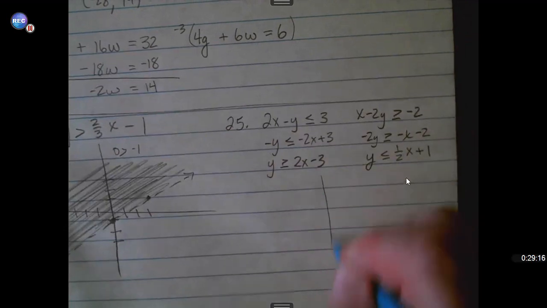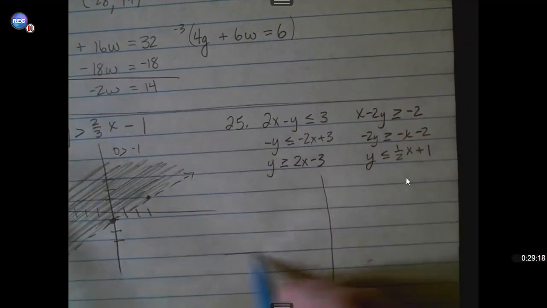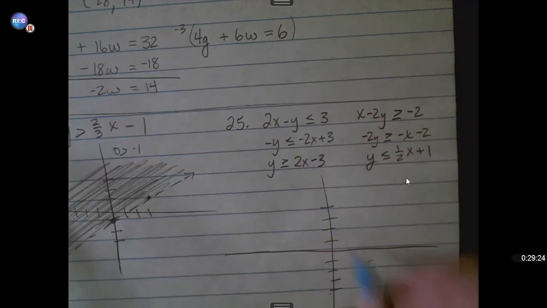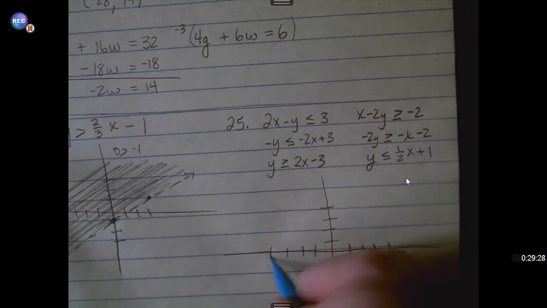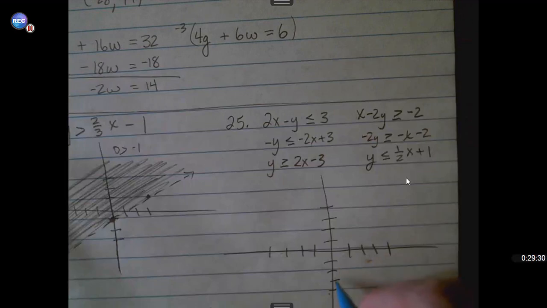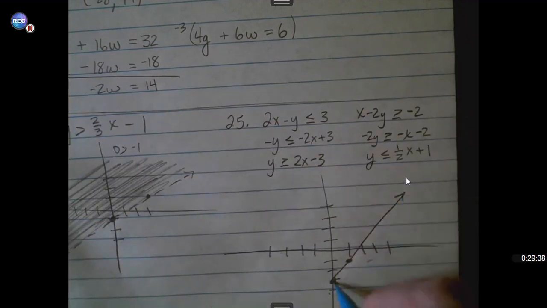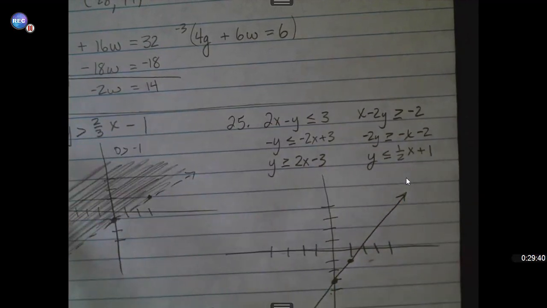So now, first one, negative 3, up 2 over 1, and that is a solid line. And it'll be shaded this way.